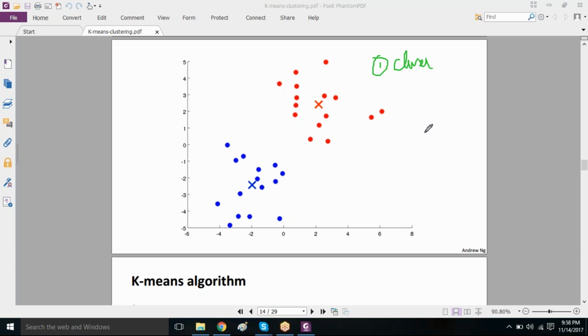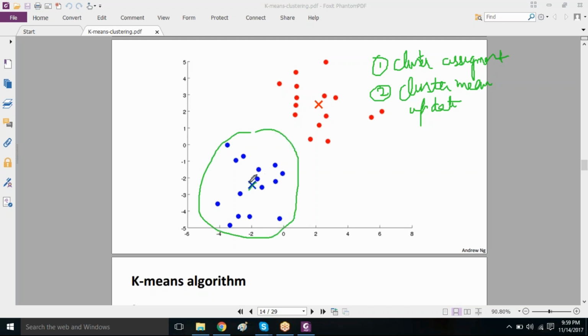So the first is the cluster assignment step, and the second is the cluster mean update. Here I am calling this a cluster, and this one is the mean.